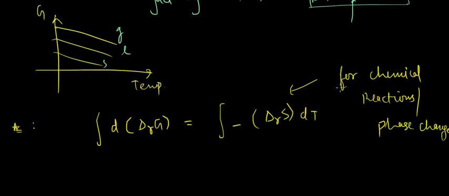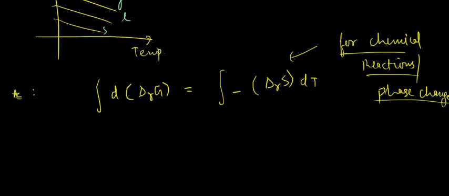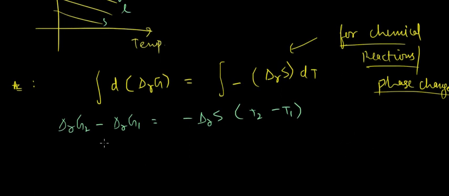So we can write that delta_rG2 minus delta_rG1 would be equal to minus delta_rS times (T2 minus T1), where delta G1 is the change in Gibbs energy at temperature T1, and delta G2 is the change in Gibbs energy at T2.